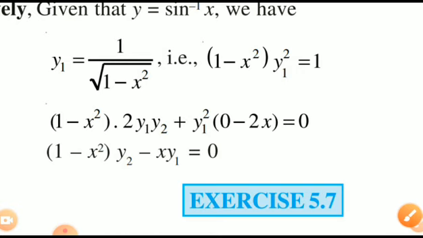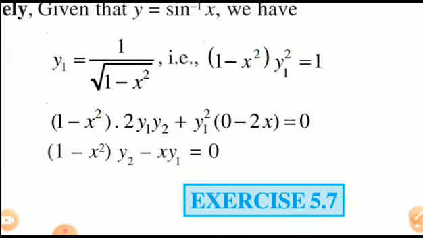Now the same thing again by the other method. If y is given to be sine inverse x, I can write y1 as 1 by root of 1 minus x square. Squaring on both the sides, I'll be having 1 minus x square into y1 square, where y1 is nothing but your dy by dx. So 1 minus x square into y1 square is equal to 1.